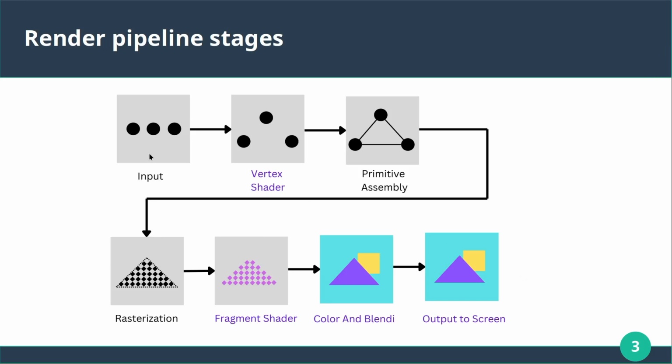Input just means the data that we're going to send to our GPU. Usually it's going to be points, maybe texture coordinates, normal data. We're going to cover all of that. But just so that you know, it's data that we send from C# to the GPU. Then comes the next stage of the pipeline, which is called the vertex shader.